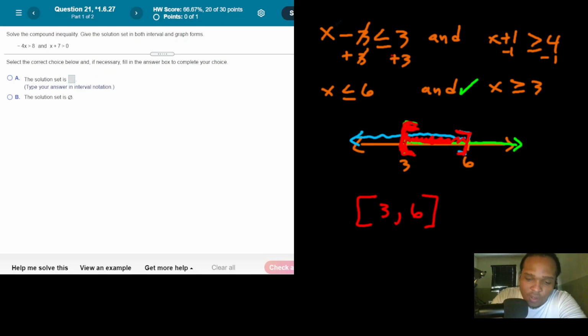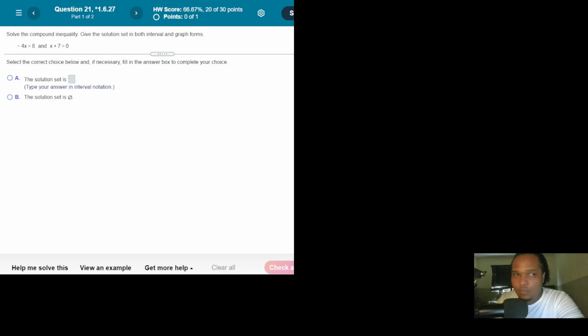Okay, let's keep going. We have negative 4x is greater than 8, and x plus 7 is greater than 0. Okay, so let's go ahead and just solve.